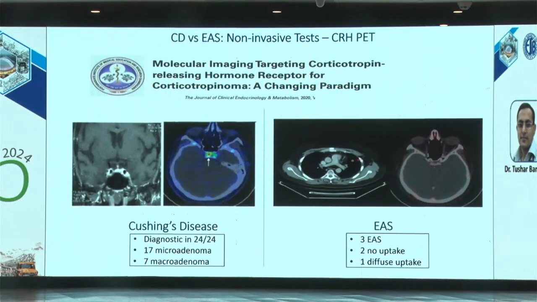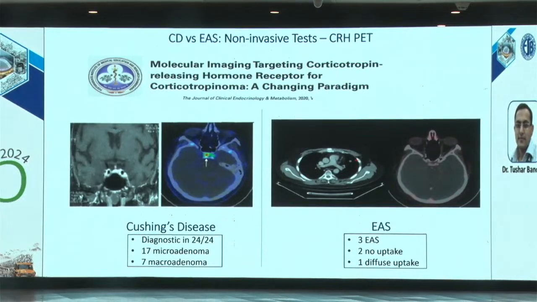There's a new test which is gallium CRH PET CT. I think Rama was there yesterday, and I'm sure she would have talked about all these tests. This is a very good test. Though it's single center data, 24 patients, it showed 100% sensitivity. In fact, 50% of the patients had lesions less than 0.6 millimeter, and 4 of the patients did not have any lesions on the MRI.